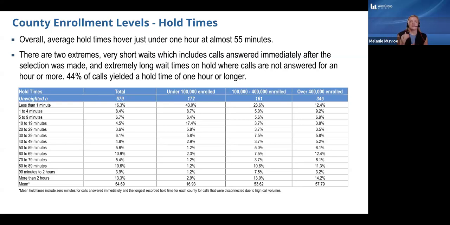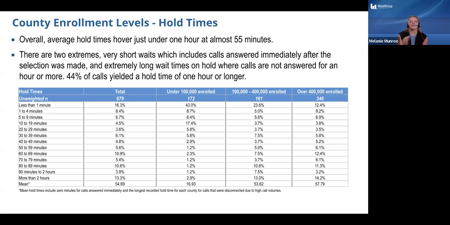We used this longest hold time to assign a high volume disconnect call hold time and have it contribute to the average. So you can see that if callers were allowed to hold during those high call volume times, potentially they could have held for even longer, but we used the longest time that we had on record for each of these counties. It's not likely that that hold time would have been any shorter.